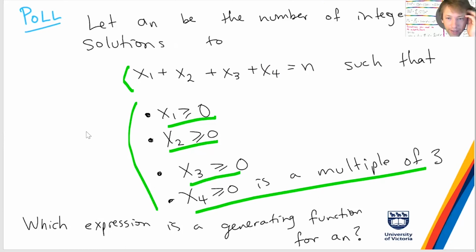Which of the things in the poll gives you a generating function for the number of solutions? I'll give you a little bit of time to think.